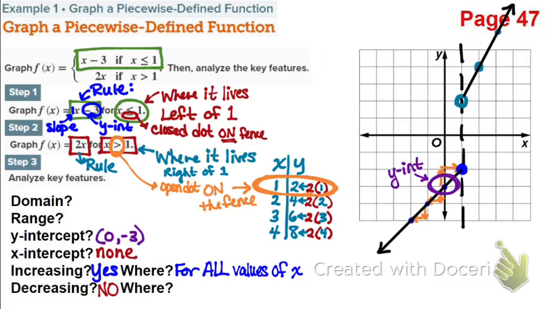So far, so good? Last things we need to talk about are domain and range. Those were the first things on my list, but those are a little bit harder to visualize. So I'm going to do my best. Is domain talking to me about x's or y's? X's. So I'm scanning from left to right, looking for any gaps. From here to here, I can trace on the graph, right?